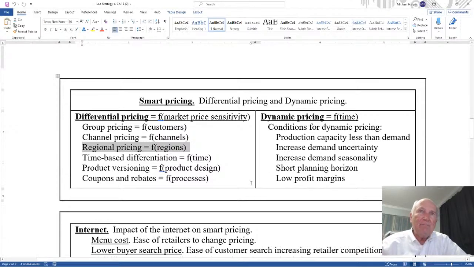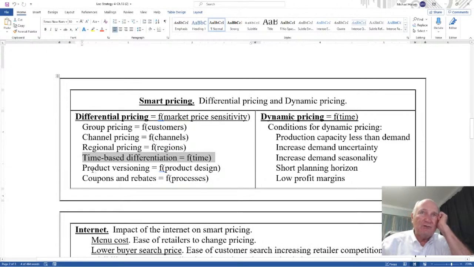Okay? Time-based differentiation. Now this function of time is not the same as this time over here. Time-based differentiation means that over time, we're going to lower the price. It's kind of like discounting the price over time.